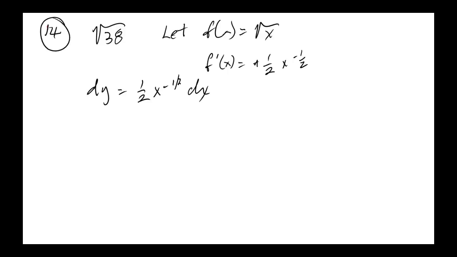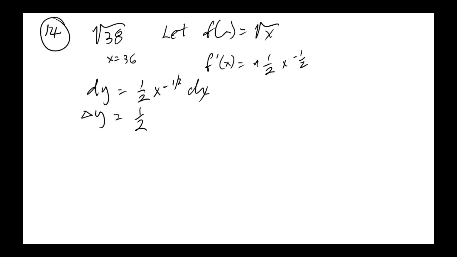Now, here's what I think they're heading toward. What we're looking for is delta y, which is equal to 1/2, and what we're going to do is plug in x equal 36, because that is a perfect square.